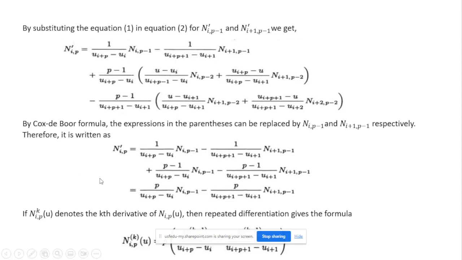If N^(k)_i,p of u denotes the kth derivative, then repeated differentiation gives this below formula, which is N^(k)_i,p of u equals p times this whole thing in the braces.